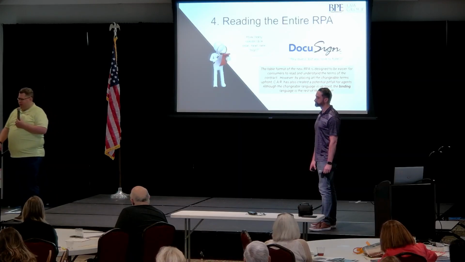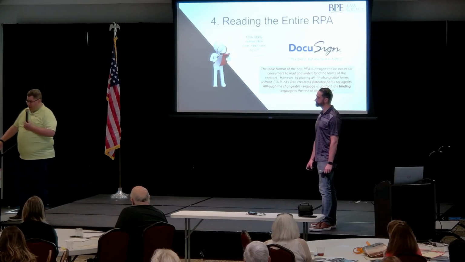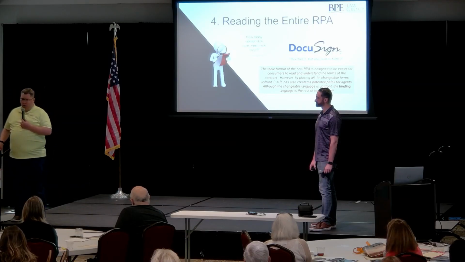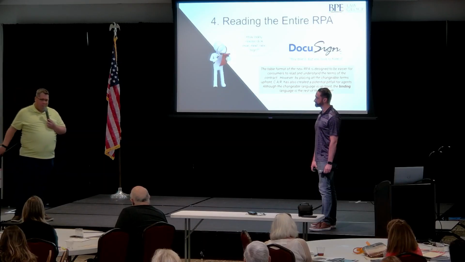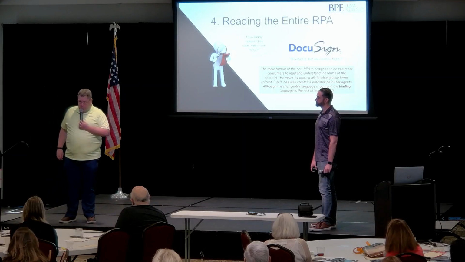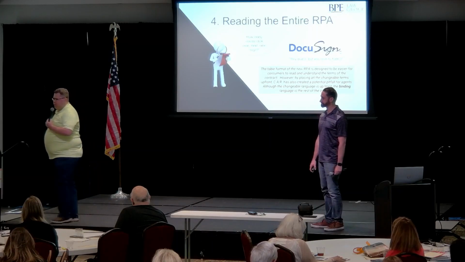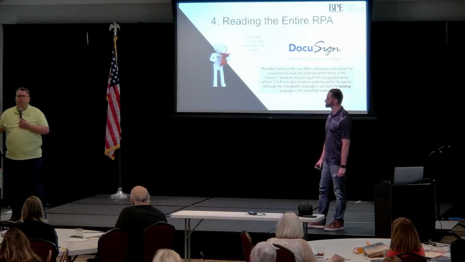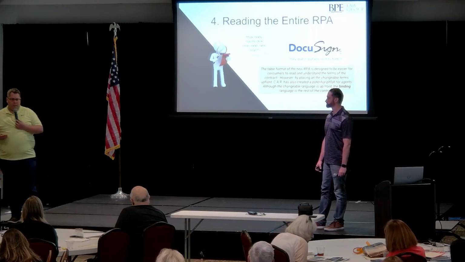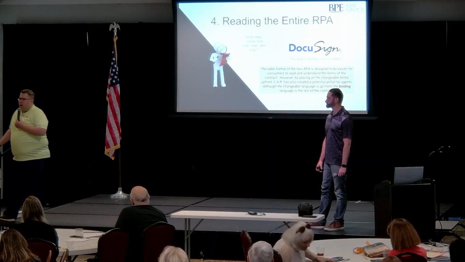I passed a bar exam. I've had to do this for a very long time. I can't read that fast. I don't know what it says. So it becomes very easy to overcome that presumption.